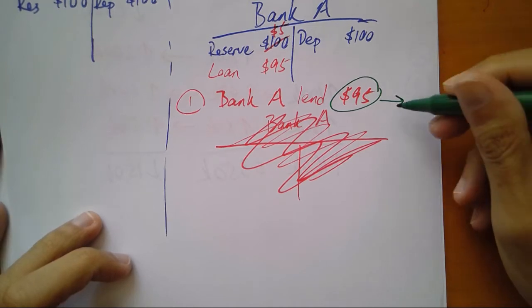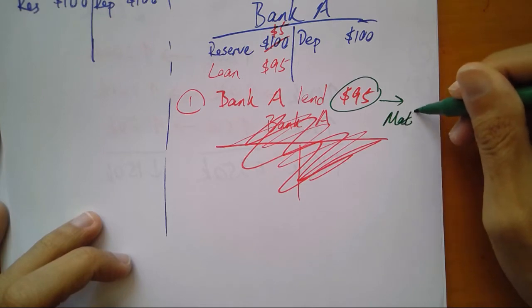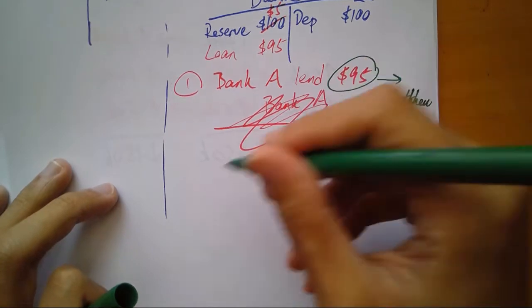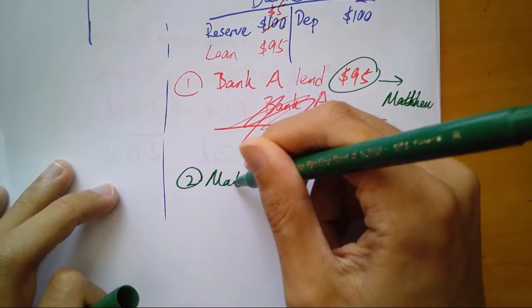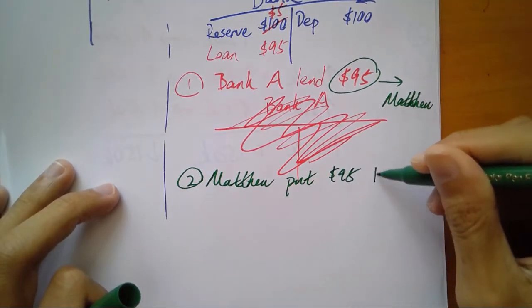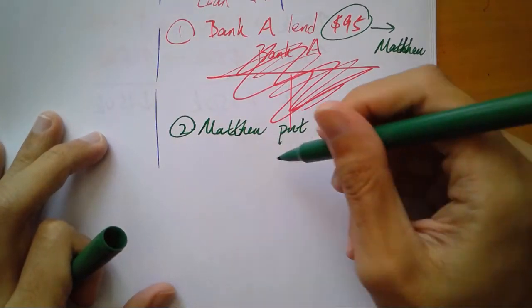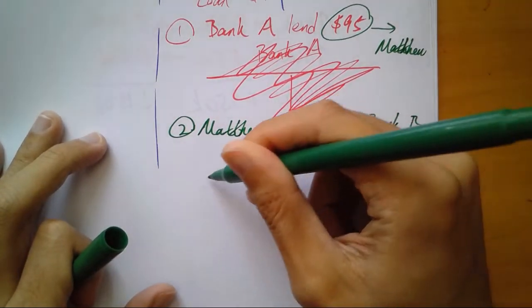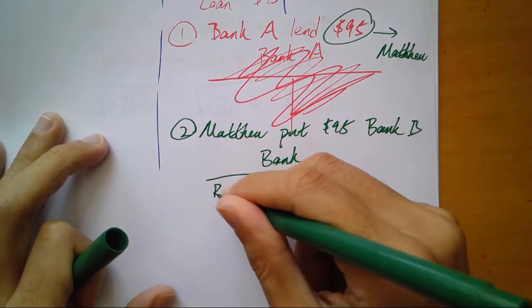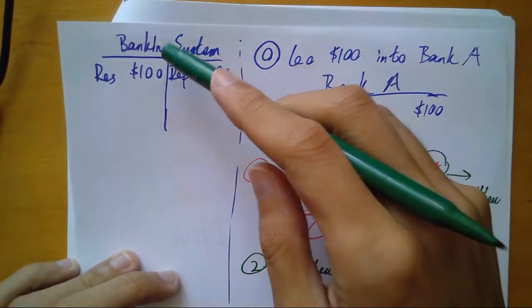Remember this loan I lend to someone. Let's call him Matthew. Matthew puts the 95 dollars into Bank B. Then Bank B would look something like this: deposit 95, reserve 95. Now let us update the banking system.